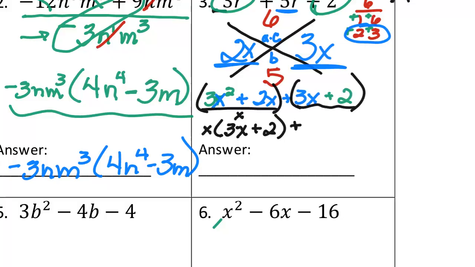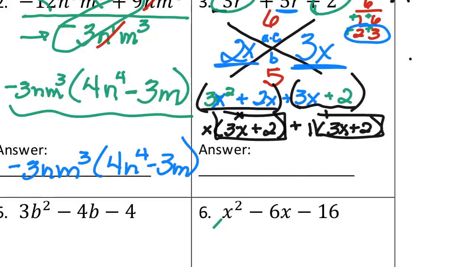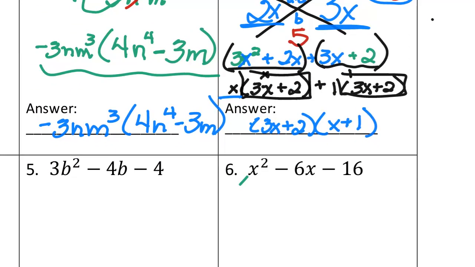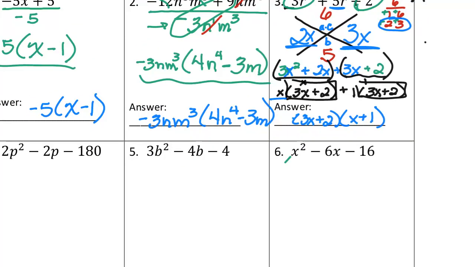So what's the only thing I can factor out? A 1. Nothing in common with any of those except for 1. And then what do you have left? 3x plus 2. So this comes out in front. And you have 3x plus 2. And what do I have left? X plus 1. Yes. Fantastic.